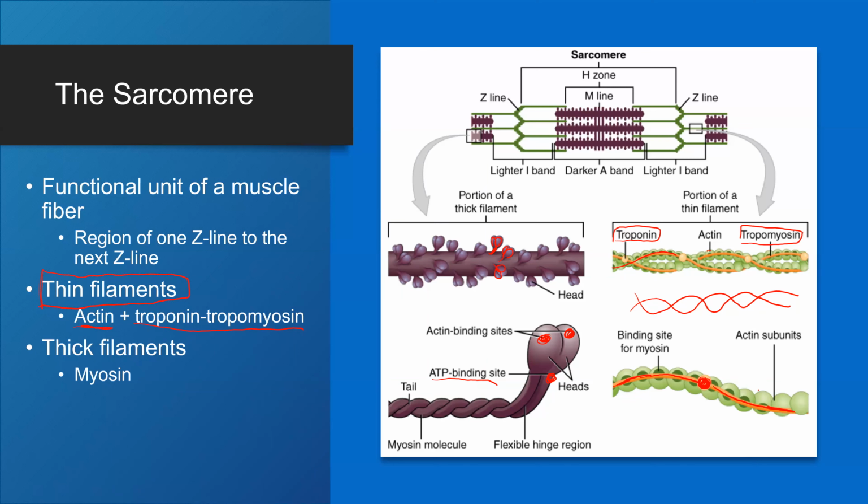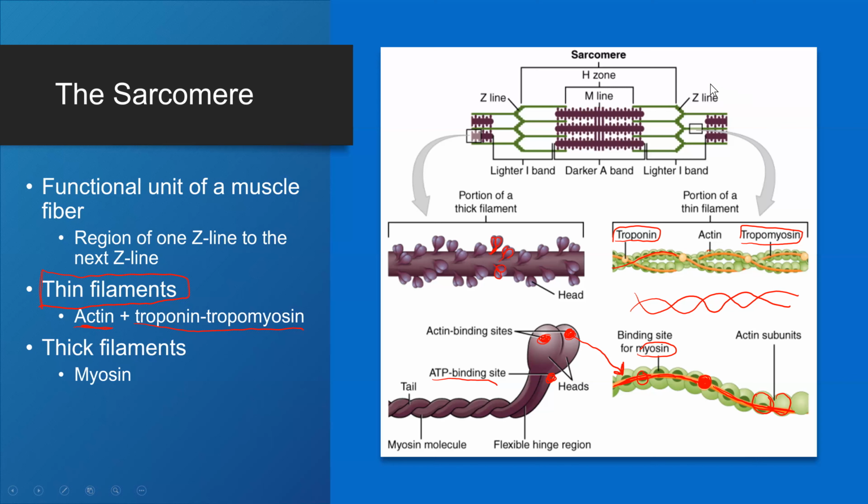So we have actin shown here in green, actin subunits. And then we have tropomyosin, and then we have troponin right there. And see this dark green site over here, this is a binding site for myosin. So this actin binding site and the myosin need to bind together, right?